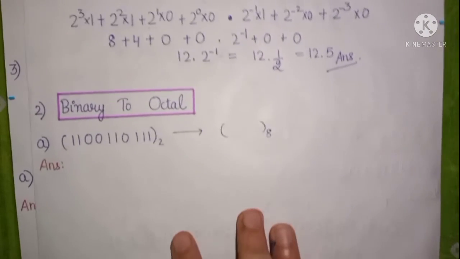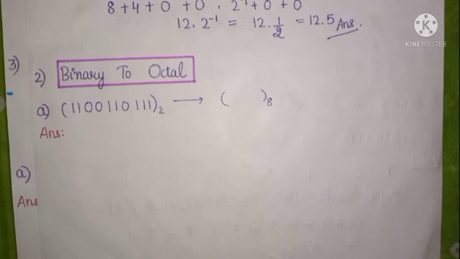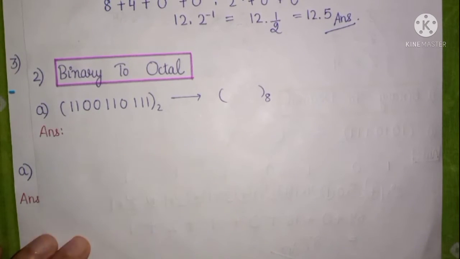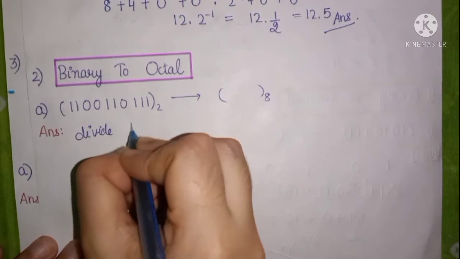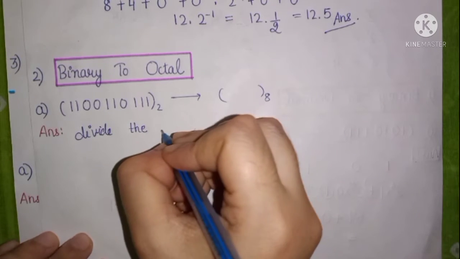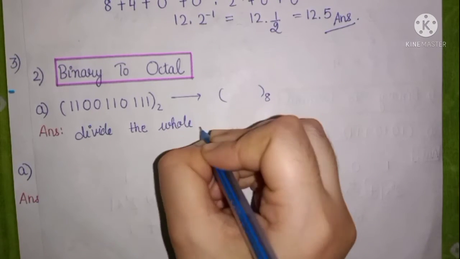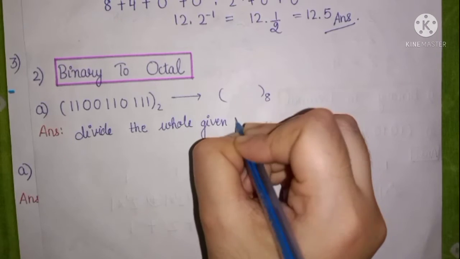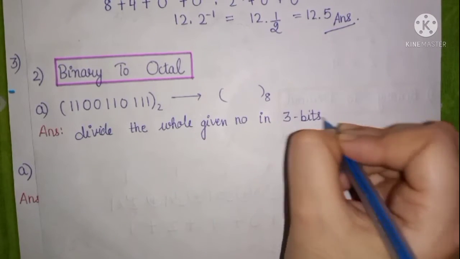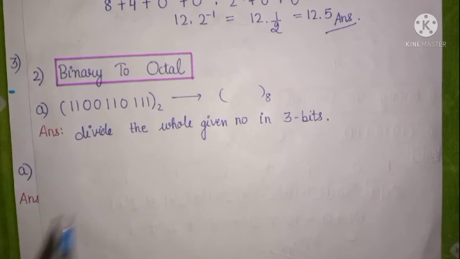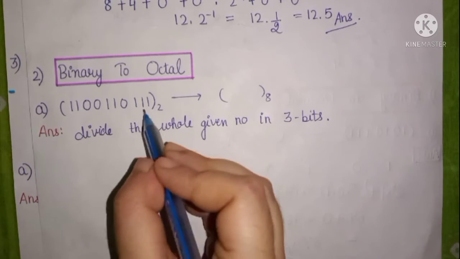Next we will study how to convert a binary number to an octal number. So how will we do that? Same, write the whole number in a free space. The first trick is to divide the whole given number into 3 bits, starting from the last.